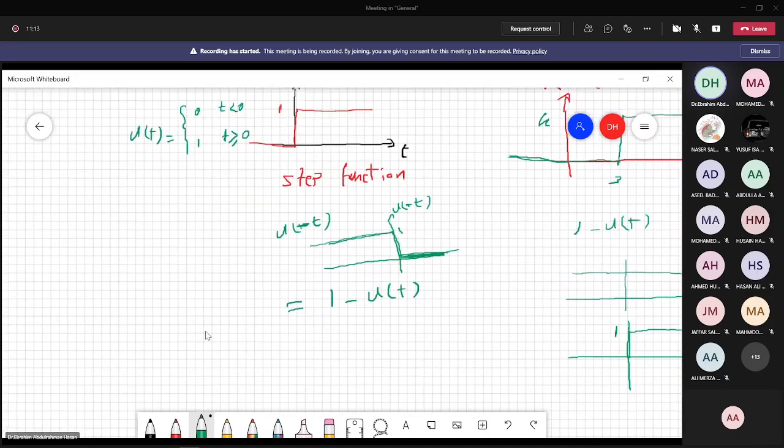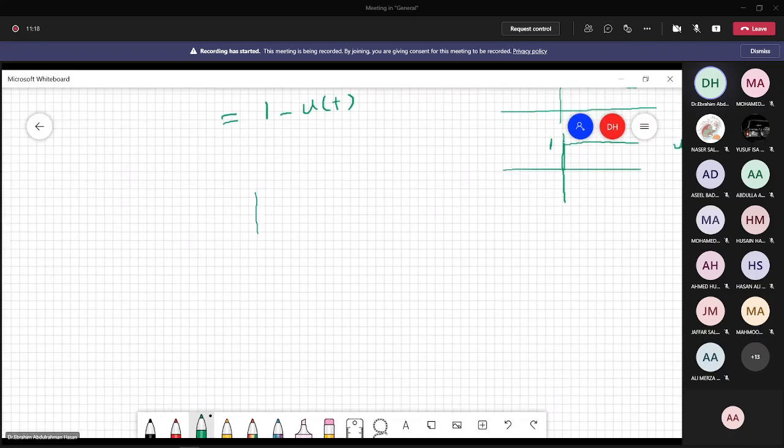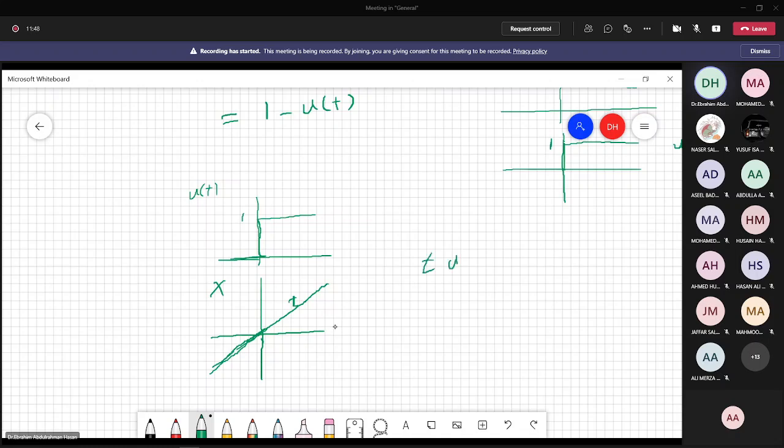طيب, if we have a step function now, this is my step function. Here it's equal to 0, here equal to 1. The u of t. If I multiply it by this line with the slope equal to 1, so this is equal to t. Okay, the t. So if you multiply these two, then you will get t u of t.